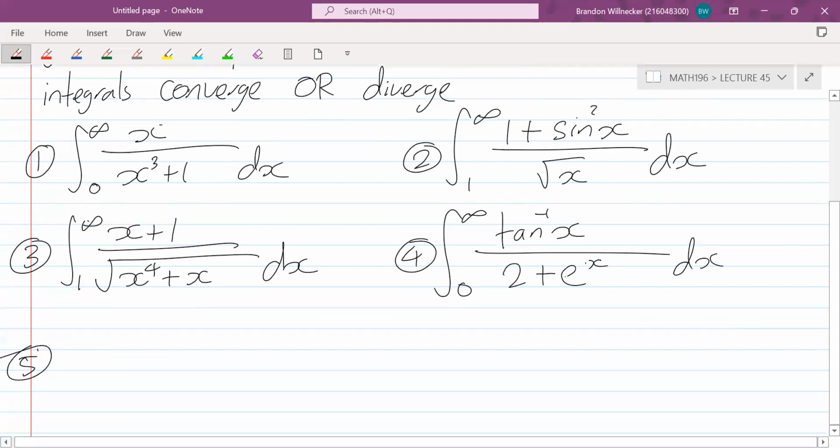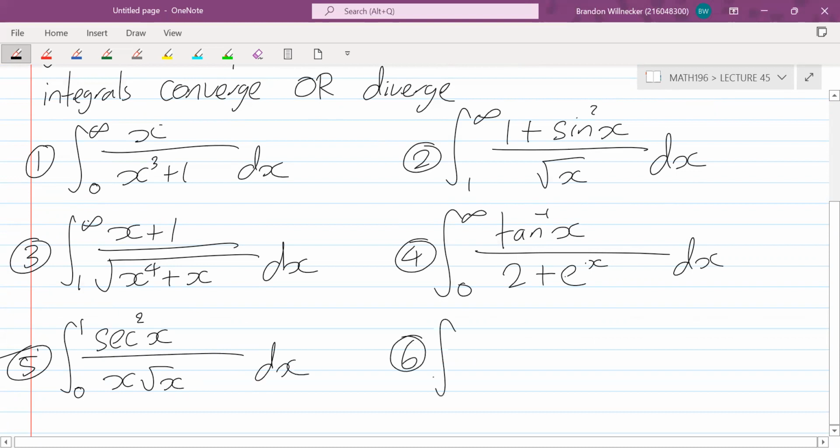Number 5, we have the integral from 0 to 1 of sec squared of x over x root x dx. And number 6, we have the integral from 0 to pi of sine squared x over root x dx.